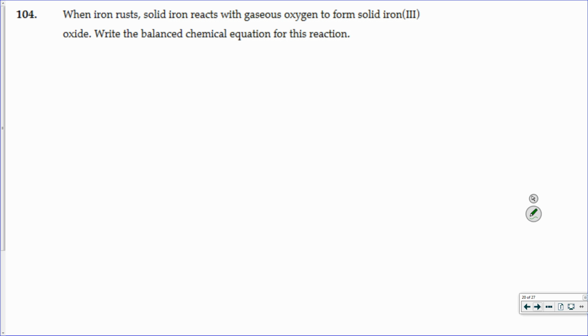Okay, so when iron rusts, it says that iron solid reacts with gaseous oxygen to form solid iron 3 oxide. So I've got iron solid plus gaseous oxygen. All right, so give me the formula for iron 3 oxide.